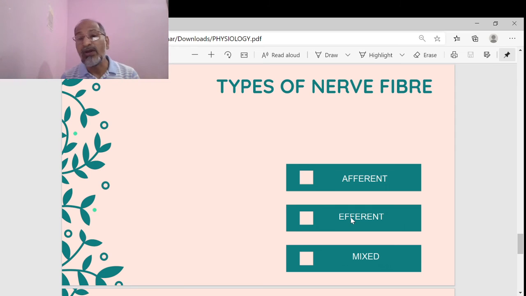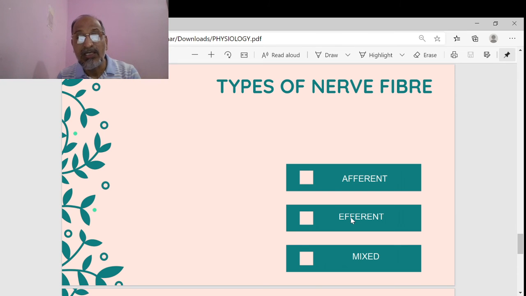Then the nerve fibers. There are three different varieties: the afferent fibers, the efferent fibers, and the mixed fibers. The afferent fibers are the fibers of the neurons which are transmitting the impulses from the periphery to the center.